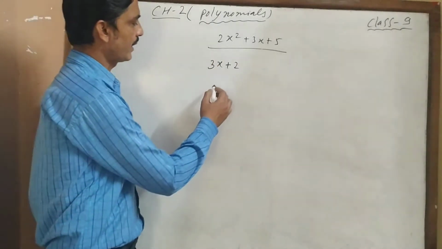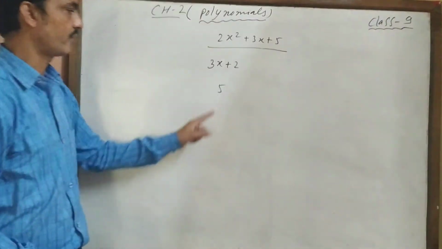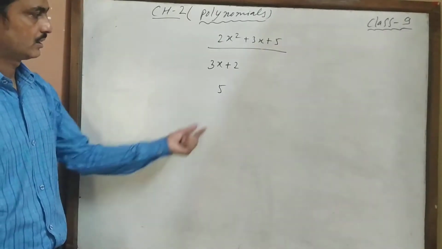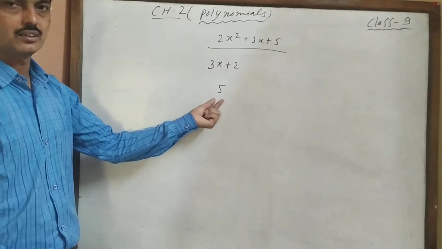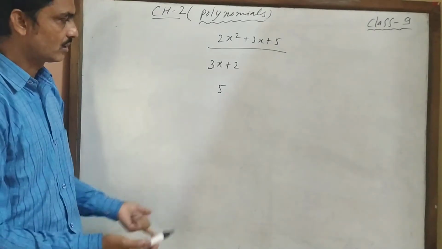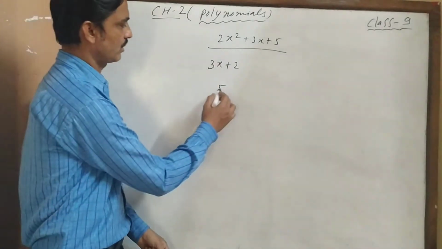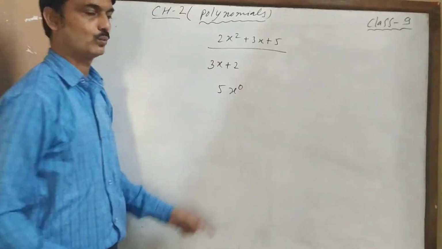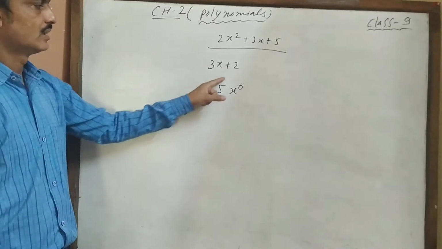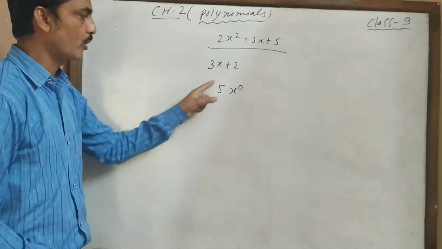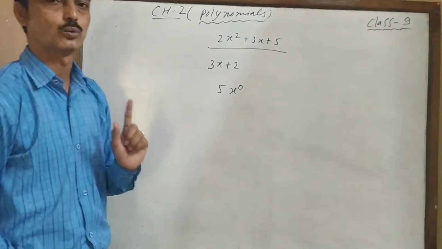Now, if I write only a constant term 5, here the variable is absent, or we can say the highest power of the variable is 0. That's why the degree of this constant polynomial is 0.